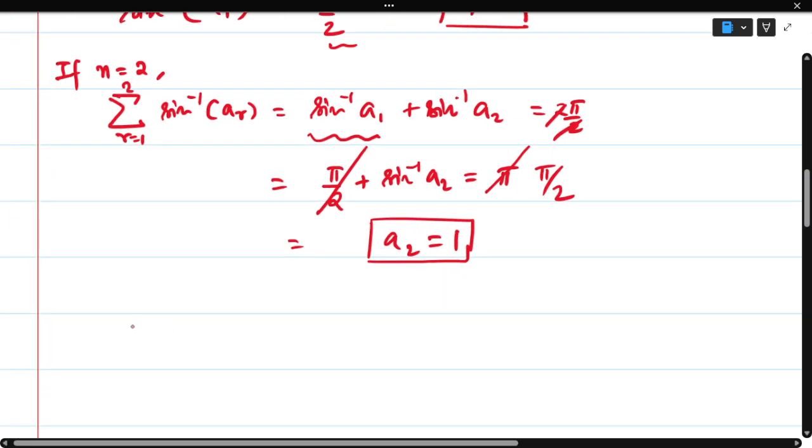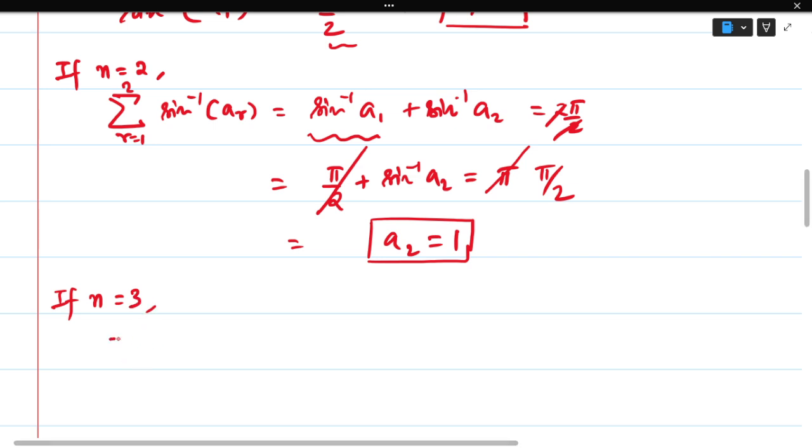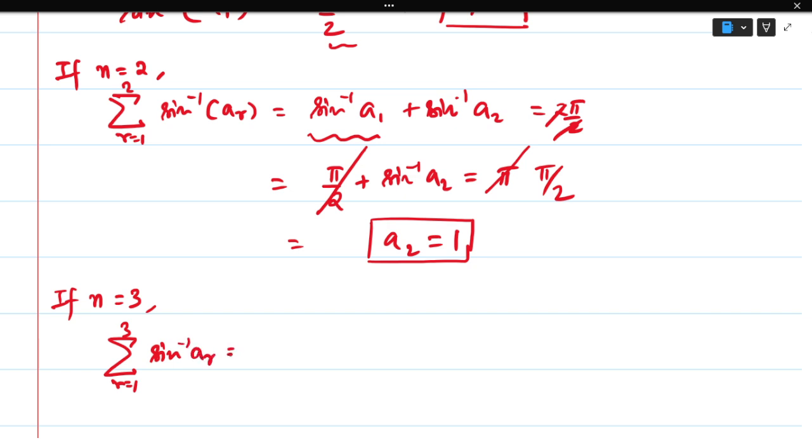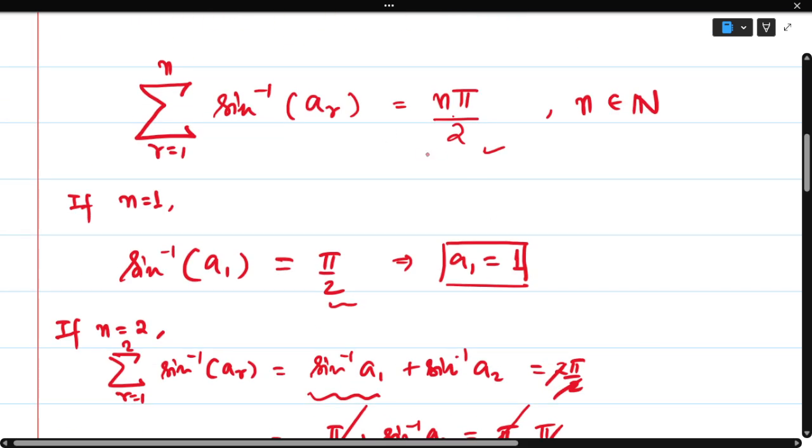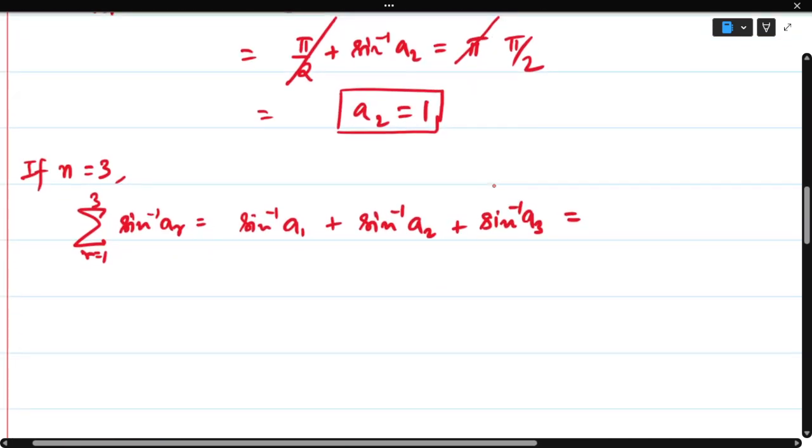Let's check. If n is equal to 3, we get from r equal to 1 to 3 sine inverse a_r. So if we put r equal to 1, we get sine inverse a1. If we put r equal to 2, we get sine inverse a2. If we put r equal to 3, we get sine inverse a3. And this time, in place of n pi by 2, we will have 3 pi by 2, right?